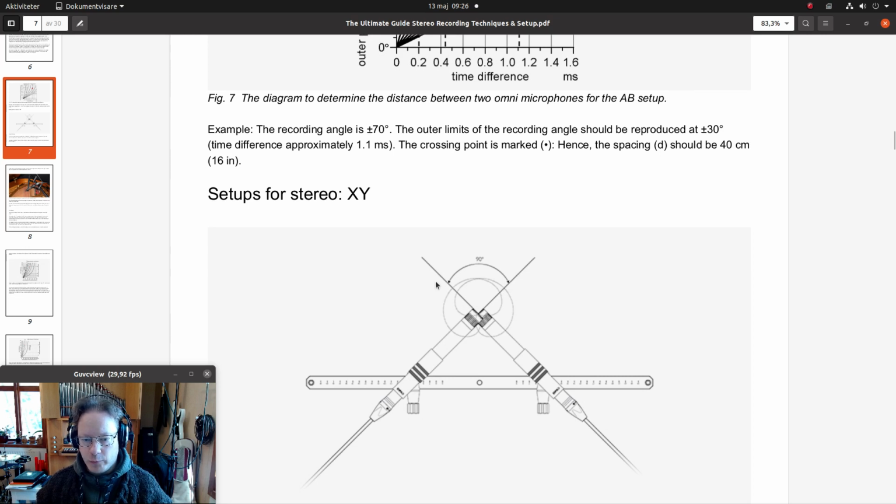Usually we see the 90-degree angle, but this is actually also variable depending on what field you want to have, what recording angle. This classical 90 degrees to each other will give you a sound field of 180 degrees actually. So this is usually appropriate for very close miking, a microphone placement.